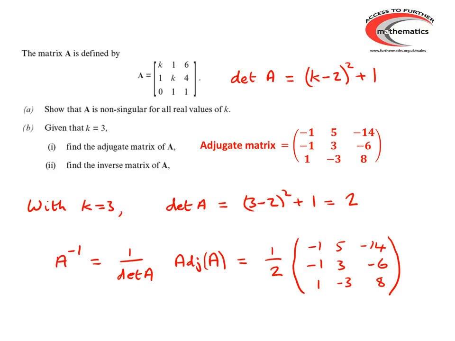For part B, there were 2 marks for obtaining the cofactor matrix, and then a 3rd mark for obtaining the adjoint matrix, and then moving on to finding the inverse matrix, there were 2 marks available for that. First one for using the determinant, and the second one for linking it to the adjoint matrix.